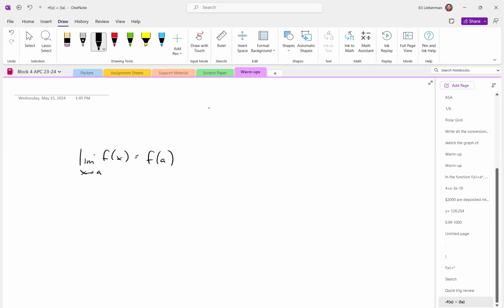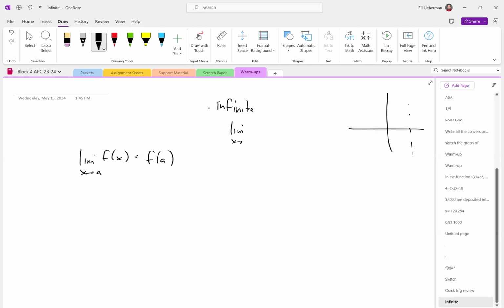Okay, so I'd like to hear one type of discontinuity and how it fails the continuity idea in terms of limits. Henry, can you tell us one of them? One would be an infinite discontinuity, like a vertical asymptote.